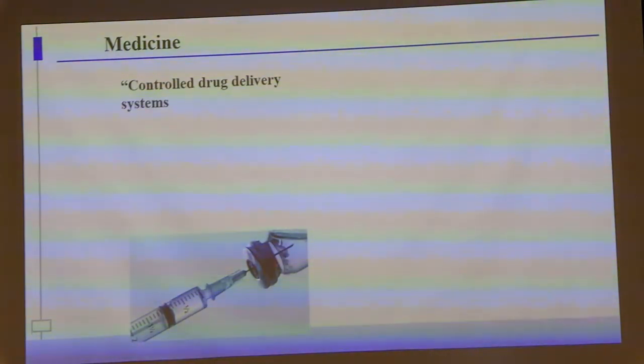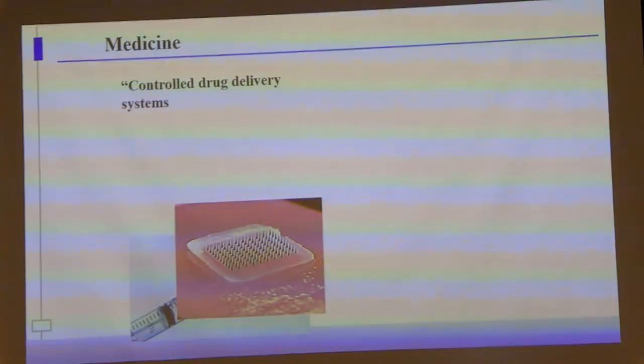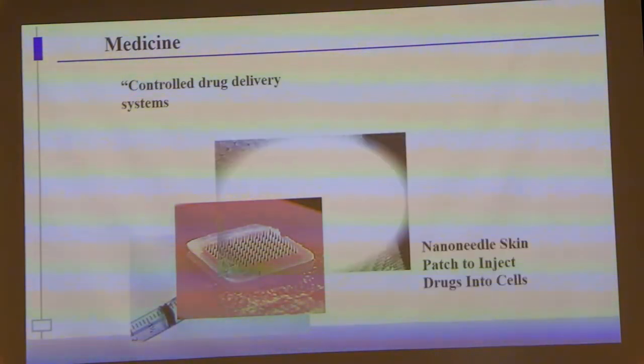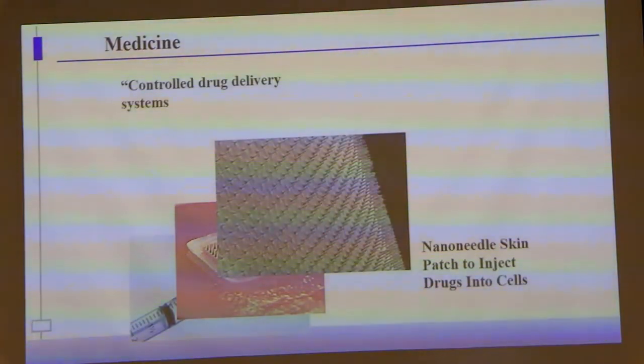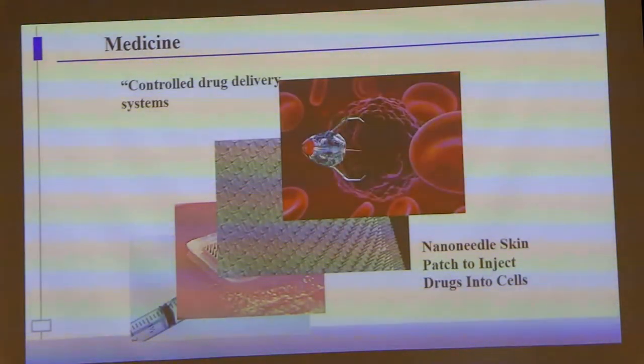In medicine, we are also moving forward to use nanomaterials or nanotechnology. For example, we have nanoneedle patches. If you put these nanoneedle patches on your skin, they will release drugs very precisely and very effectively. And definitely, we have nanorobots.